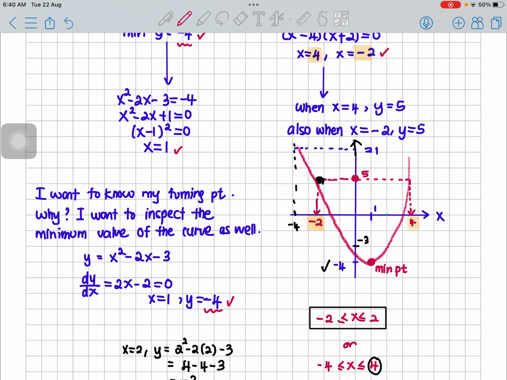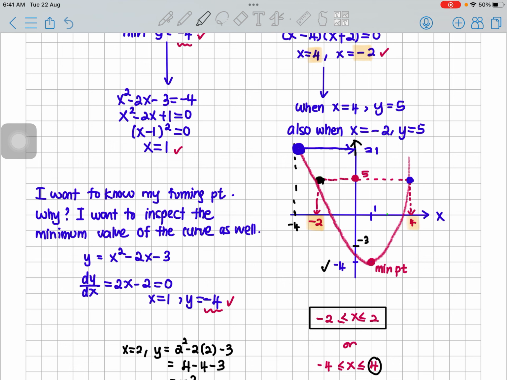I know it doesn't look like a parabola, but assume so, because I want to make sure the negative 4 and 21 lie on the graph itself. So we are taking this as our highest y value now. Can you see the y value is 21? And when the x is equal to 4, the y value that we are getting is 5. Can you see that?